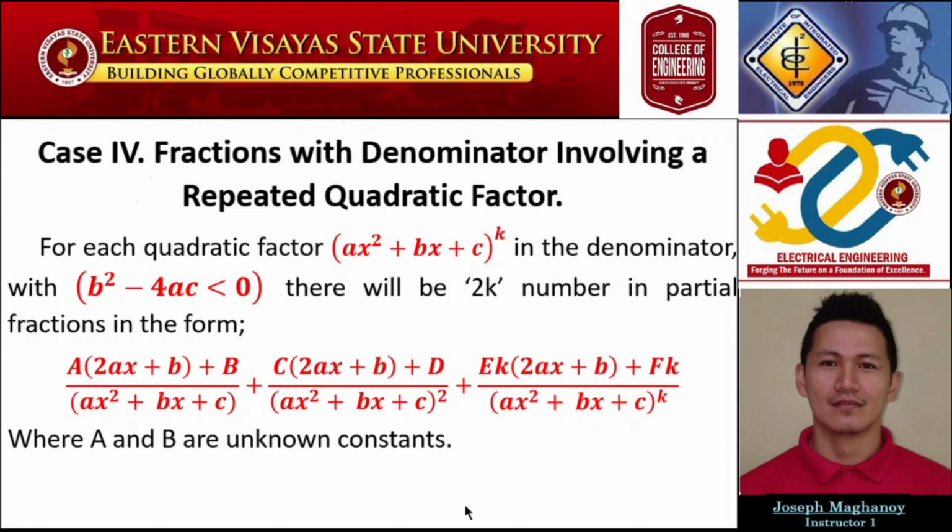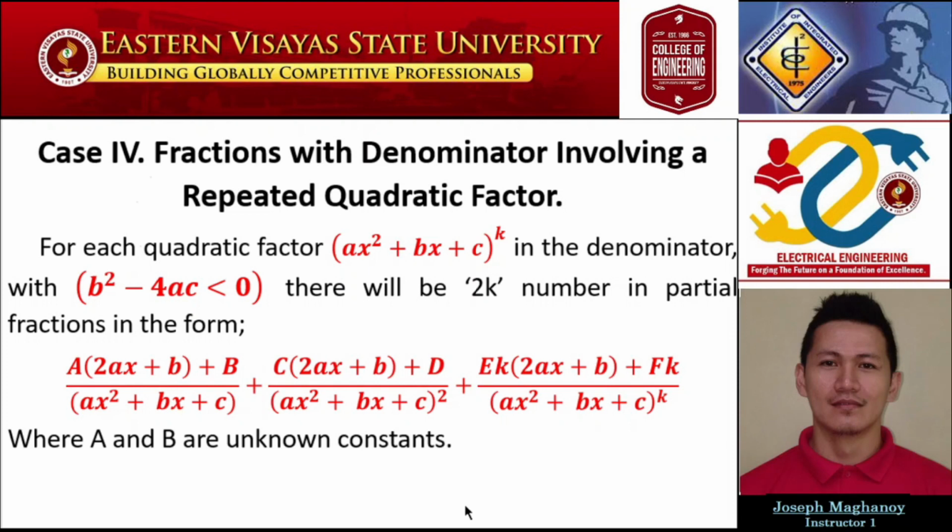For each quadratic factor ax squared plus bx plus c raised to k in the denominator, with b squared minus 4ac less than 0, there will be 2k partial fractions in the form A1 quantity 2ax plus b all over ax squared plus bx plus c, plus C1 times 2ax plus b plus D1 all over ax squared plus bx plus c squared, plus Ak quantity 2ax plus b plus Fk all over ax squared plus bx plus c raised to k, where A and B are unknown constants.